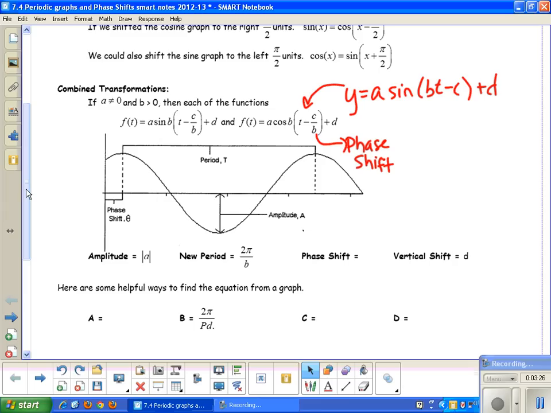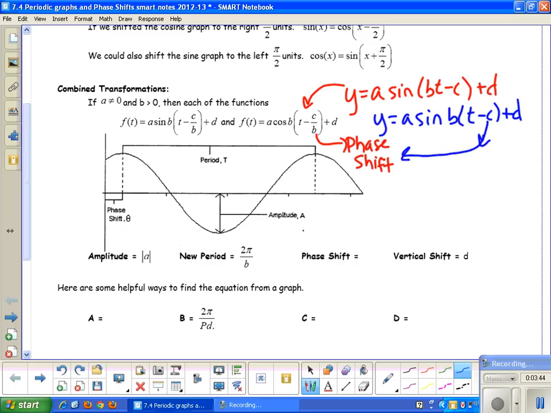I don't always write the equation with a minus c over b. Instead, you'll see me write the equation as y equals a times the sine of b times t minus c, plus d. So instead of writing c over b as my phase shift, I'm going to usually write the c value right here as my phase shift.